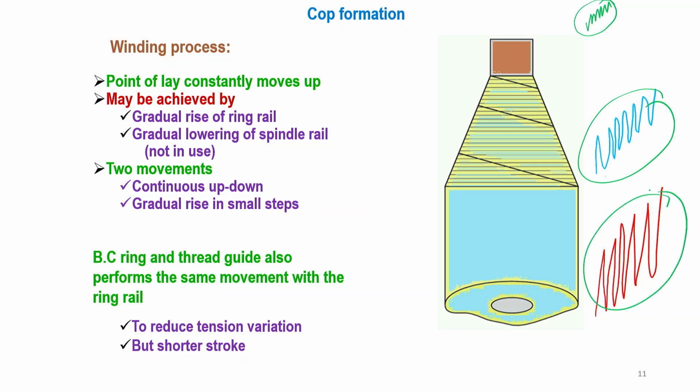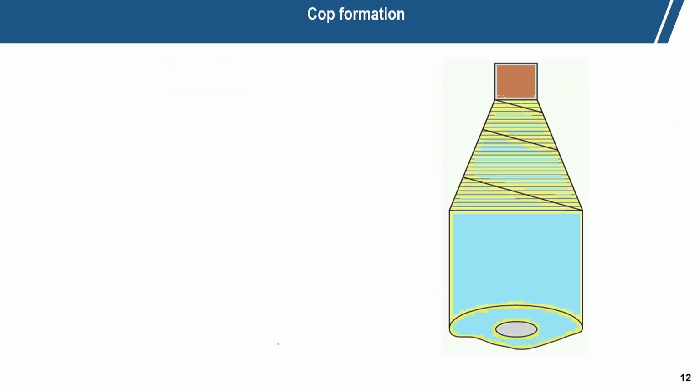But it is required to compensate and reduce the tension variation. This type of movement is required, but with a shorter stroke, so traverse and lift are shorter strokes.